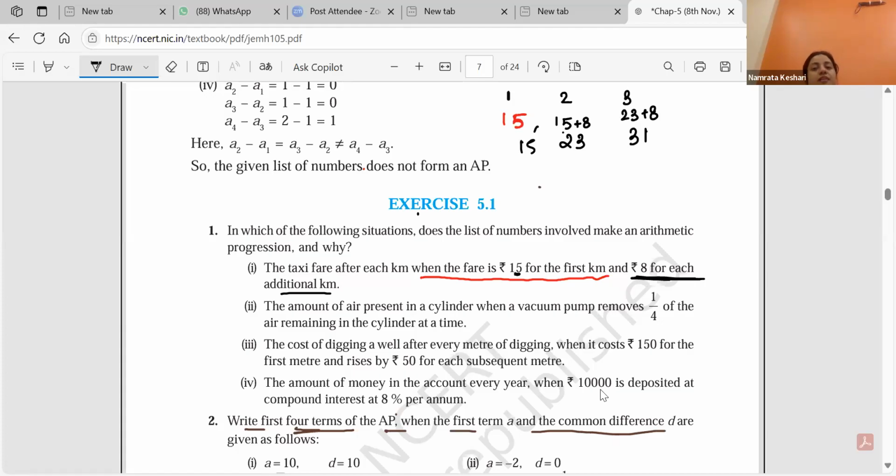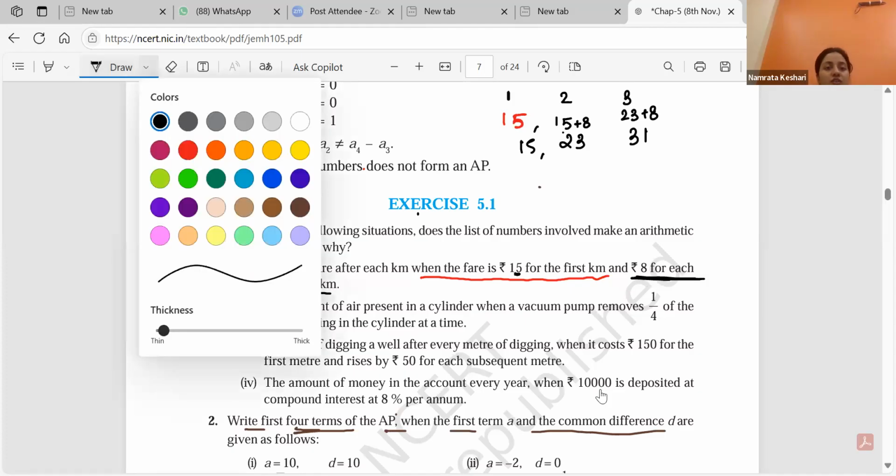And of course this is in AP. The moment we started the discussion of this chapter, arithmetic progression, we started from here: it is such a sequence where the same number keeps getting added to the previous one, or the same number is subtracted every time. So of course this is in AP. We don't even have to check the common difference.